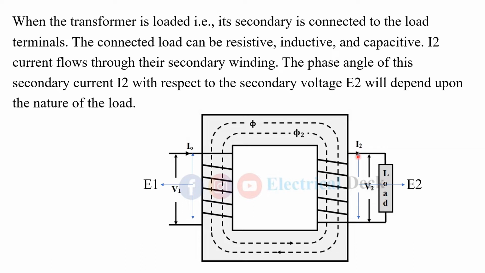I2 means the current which flows through the secondary winding when it is subjected to load. The phase angle of I2 and E2 mainly depends on the type of load connected to the secondary side. That can be resistive, inductive or capacitive.